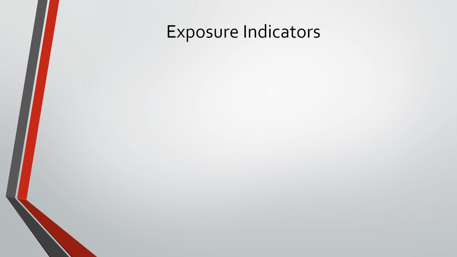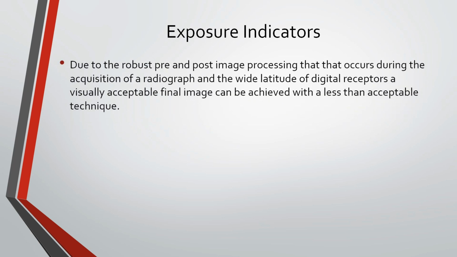So that's the goal. The radiographer must be able to take in all the factors that go into producing a proper image, and they must think about all those when setting the technique at the console. Okay, so exposure indicators. Due to the robust pre- and post-process image processing that occurs during the acquisition of the radiograph and the wide latitude of digital receptors, a visually acceptable final image can be achieved with a less than acceptable technique.